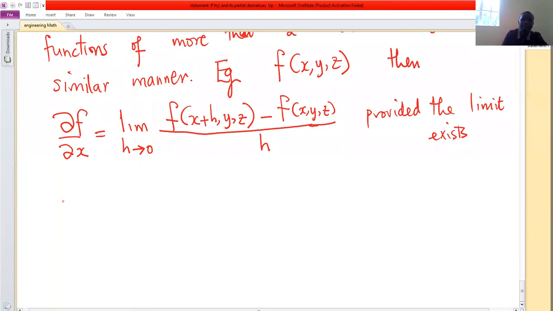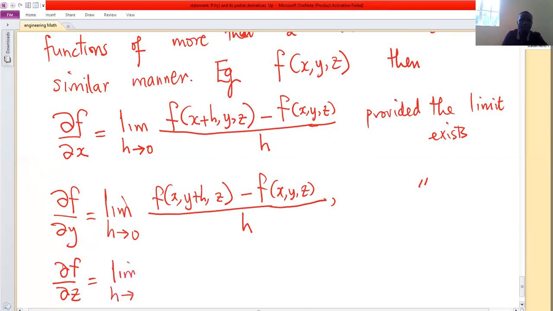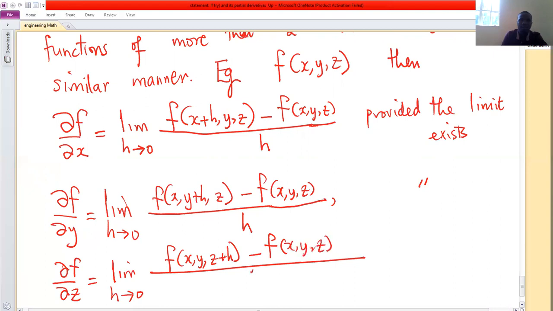Similarly, partial f partial y will be limit as h approaches 0 of f of x comma y plus h comma z minus f of x, y, z divided by h, provided the limit exists, and partial f partial z will be limit as h approaches 0 of f of x comma y comma z plus h minus f of x, y, z divided by h.